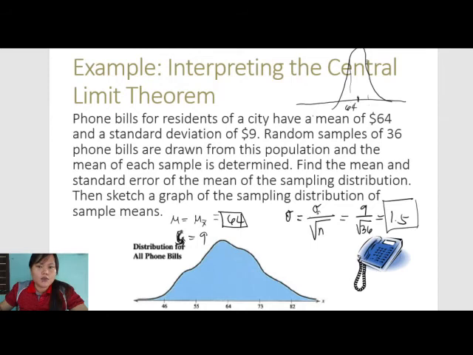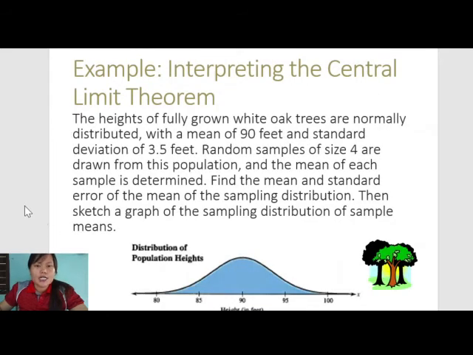Next. We'll proceed with the other one. The heights of fully grown white oak trees are normally distributed with a mean of 90 feet and a standard deviation of 3.5 feet. Random samples of 4 are drawn from this population and the mean of each sample is determined. Find the mean and standard error of the mean of the sampling distribution.